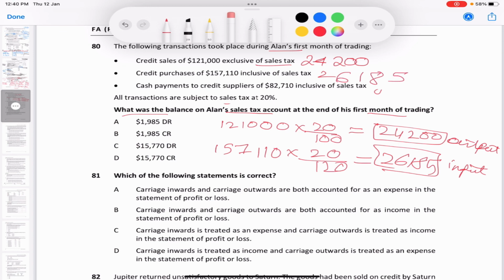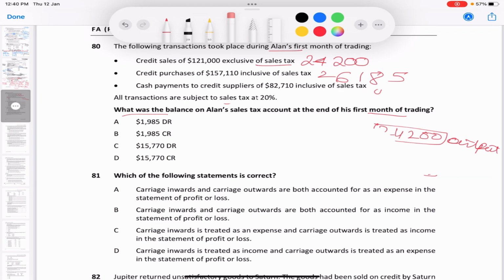Okay. So now we got the tax in both purchase as well as sales. Cash payments to credit suppliers of 82,712 inclusive of tax. Let's keep this aside for a while. All transactions are subject to 20% sales tax.